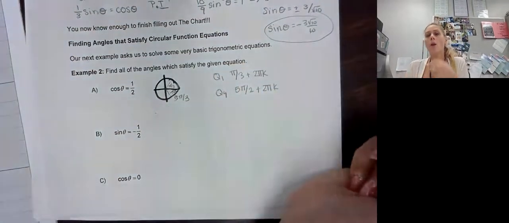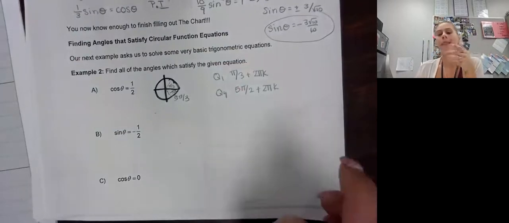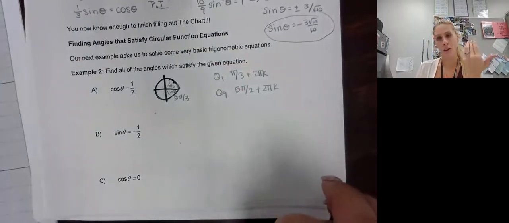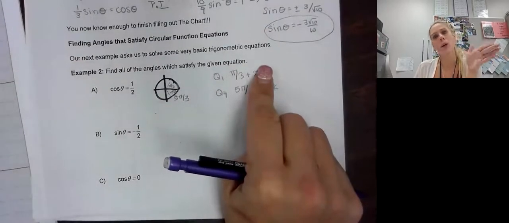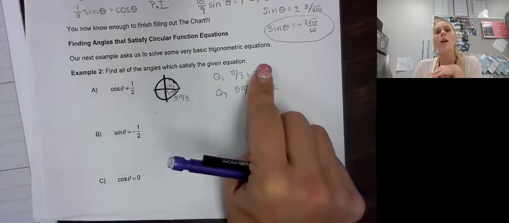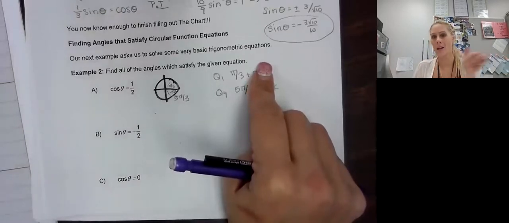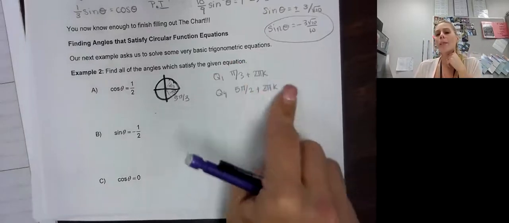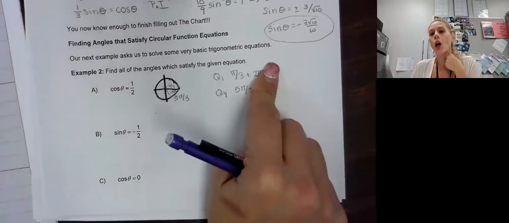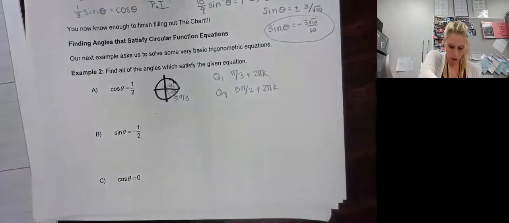So again, where you're going to make your mistake is when you forget that we're not just talking about the first rotation. There is no indication that it says we're only going from 0 to 2 pi. We are doing any angle in any given situation. So we need to make sure that we're including all rotations. All right, let's go on to the next one.